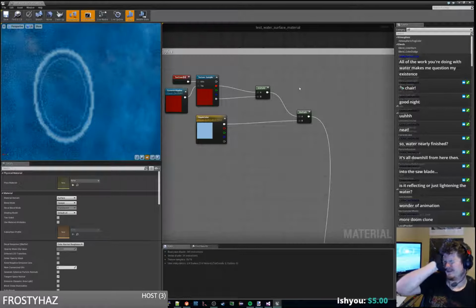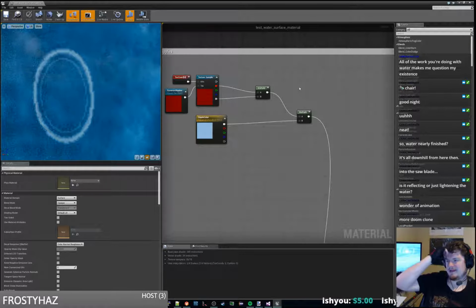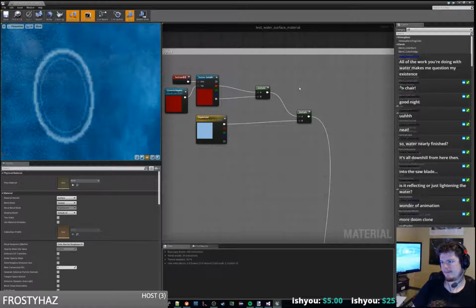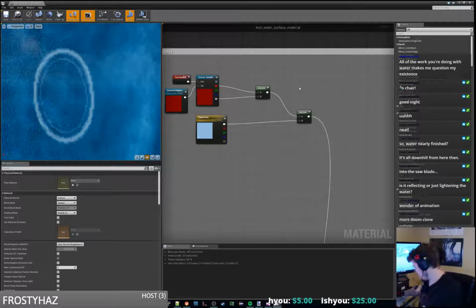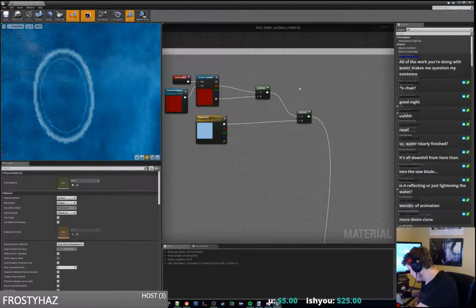So what we have to do is say that this value, as it goes to 0.5, needs to be multiplied to 0. So we want a value that goes from 1 to 0 to 1, but it's going to start from 1 to 0.5 to 1.